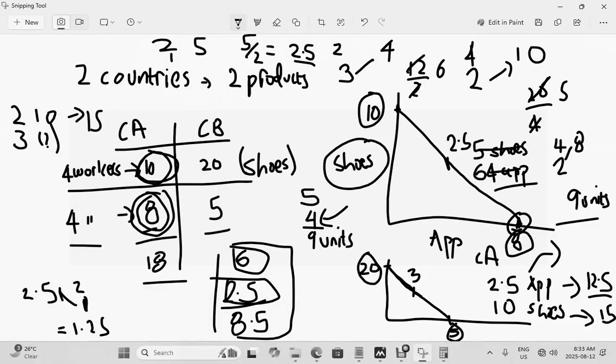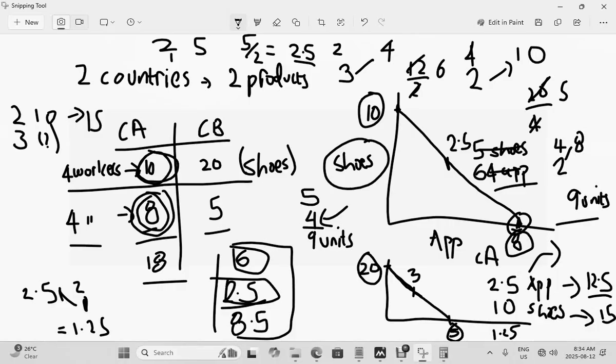So a little more than 1. So in that case, you have 1.25 appliances with 1 worker, and your shoes are 15.